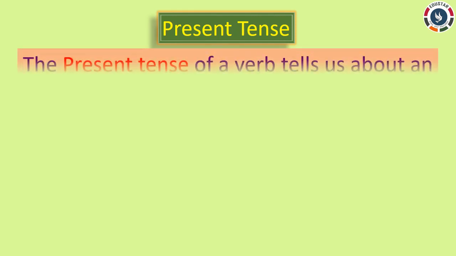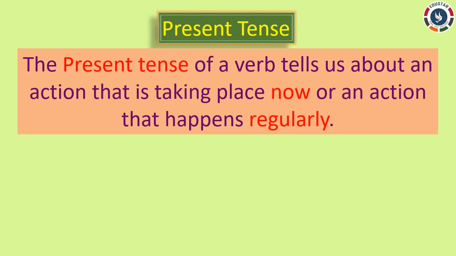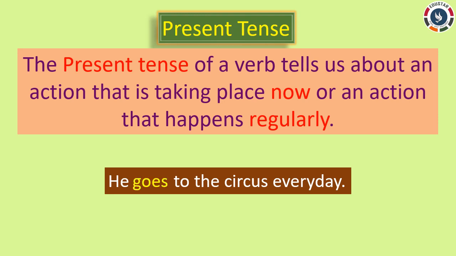The present tense of a verb tells us about an action that is taking place now or an action that happens regularly. For example, he goes to the circus every day. The verb goes refers to the present tense since it talks about a present moment.